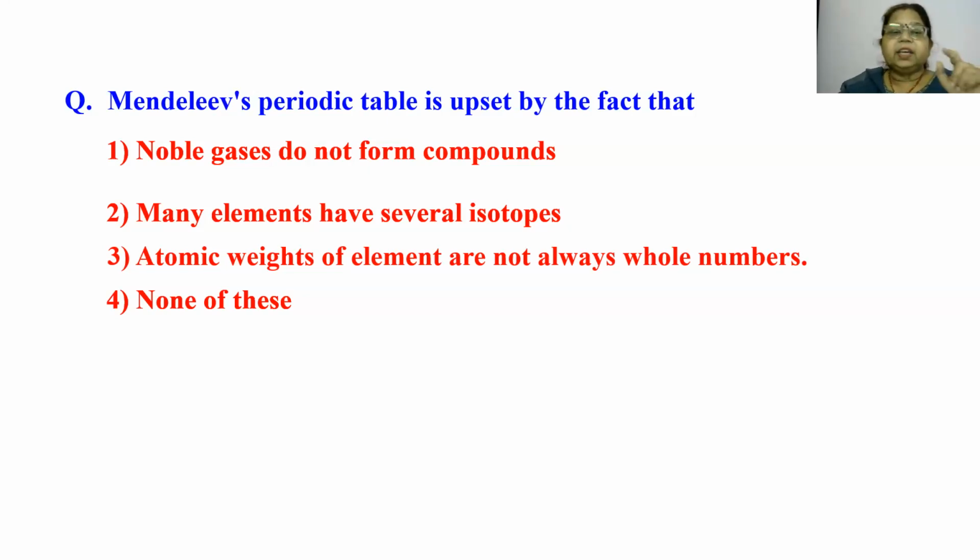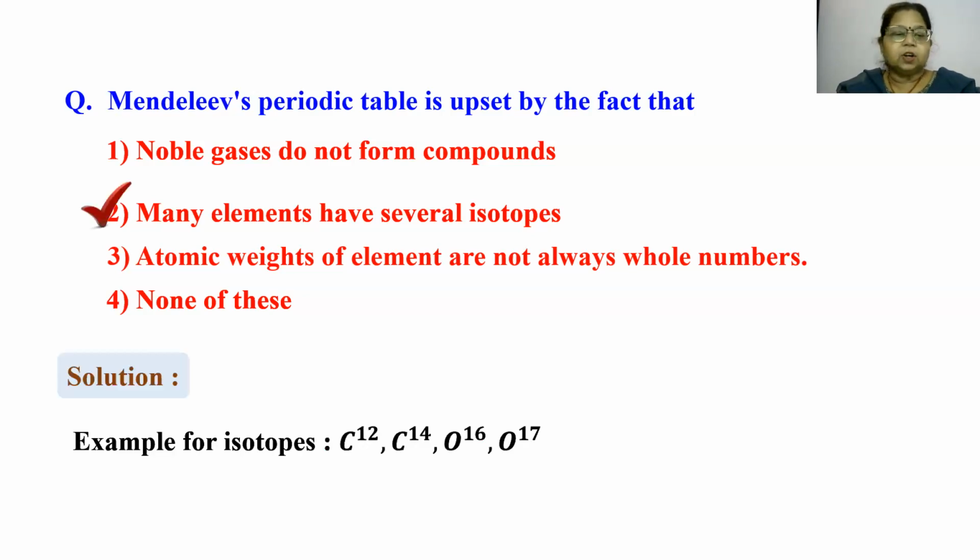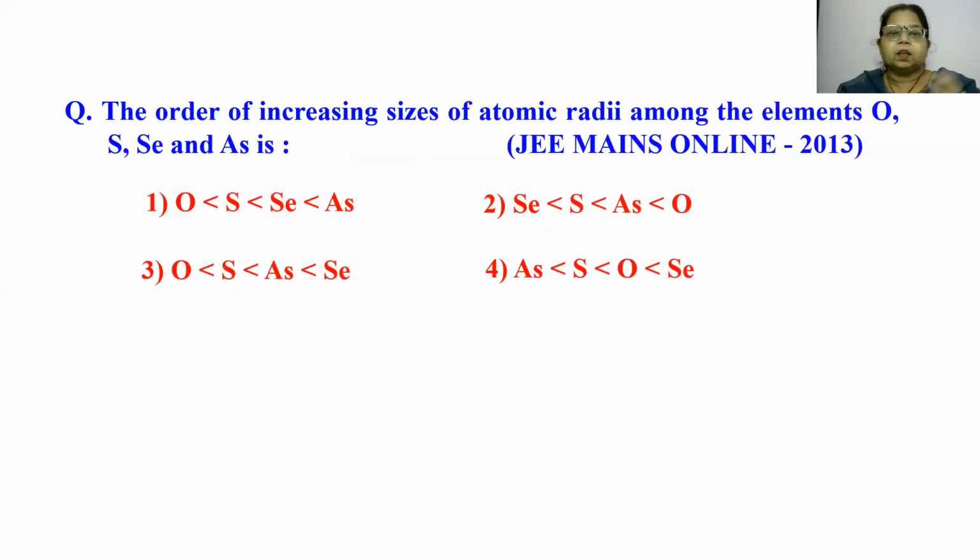Then many elements have several isotopes. That was one of the defects of the periodic table. Then atomic weights of elements are not always whole numbers. Again, this was not an issue, and none of these is obviously not the answer. So here, just for example, I have written that many isotopes like carbon 12, 14, oxygen 16, 17, 18 also.